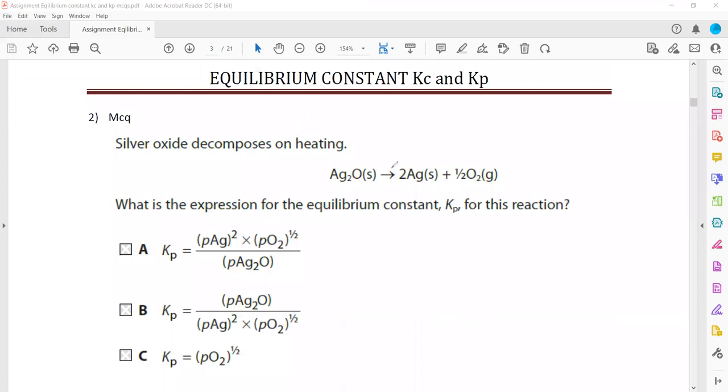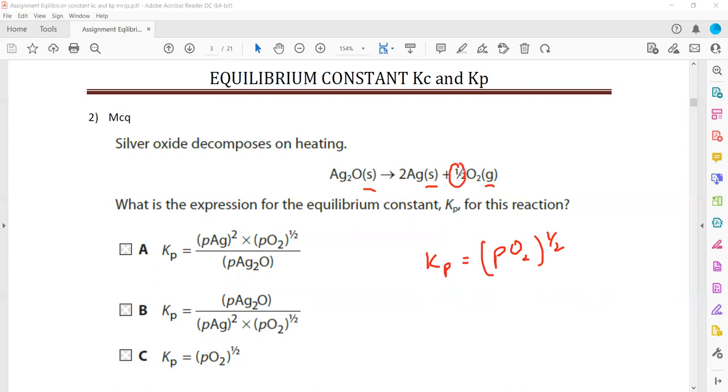Now this is a heterogeneous equilibrium in which we have different states of the reactant and product. The reactant is solid, the product is solid and gas. So we don't include them, because in heterogeneous equilibrium, we don't include a solid or a liquid. So when we write Kc or Kp, it will be only the pressure of the gas, the pressure of oxygen, raised to the power 1 by 2.